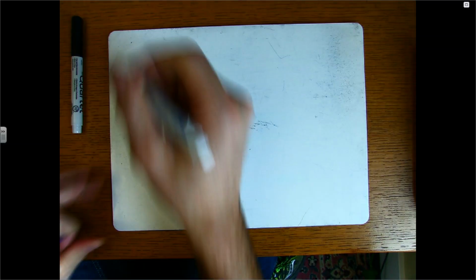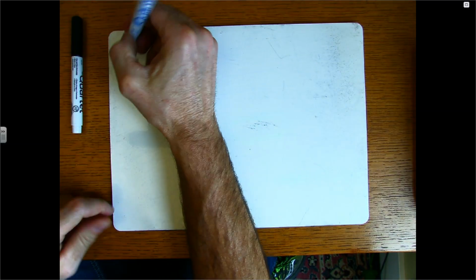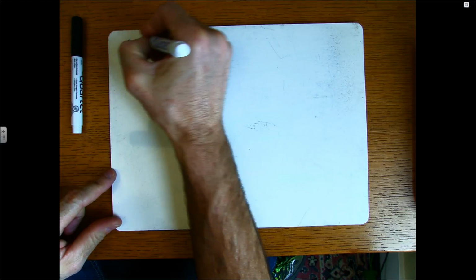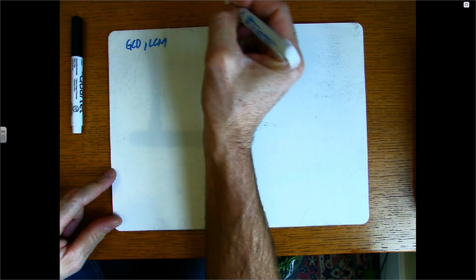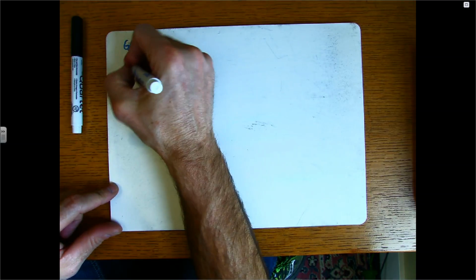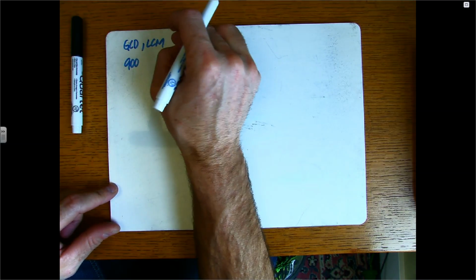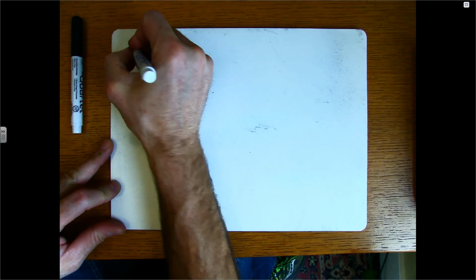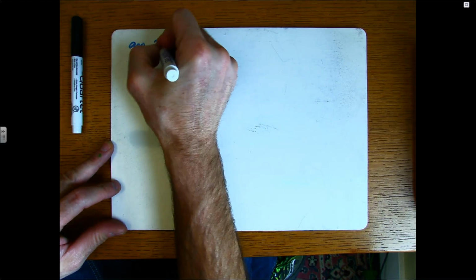So we're going to try to find the GCD and LCM of 900 and 360.